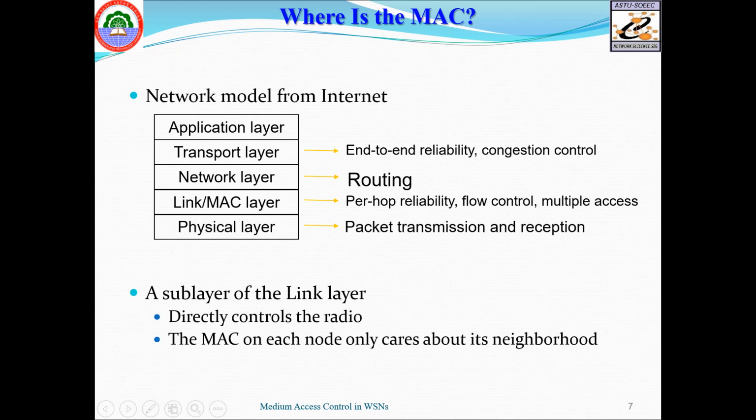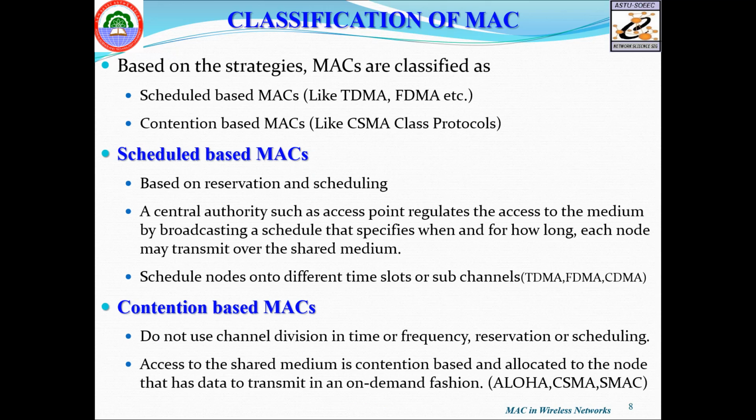Routing is performed at the network layer and congestion control at the transport layer, and at the MAC layer reliability, flow control, and multiple access are performed. The MAC layer can be called a sub layer of the link layer. This layer controls the radio directly and cares about the neighbors of that particular node.